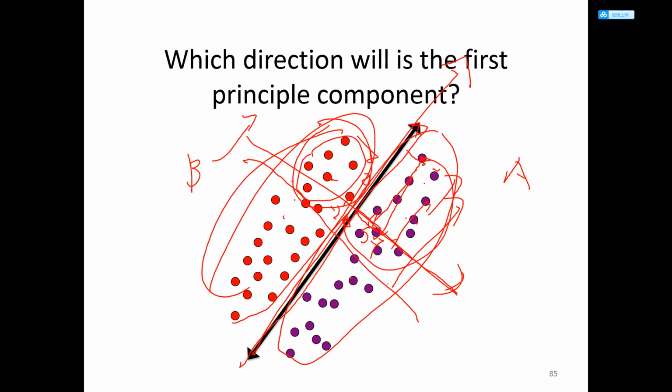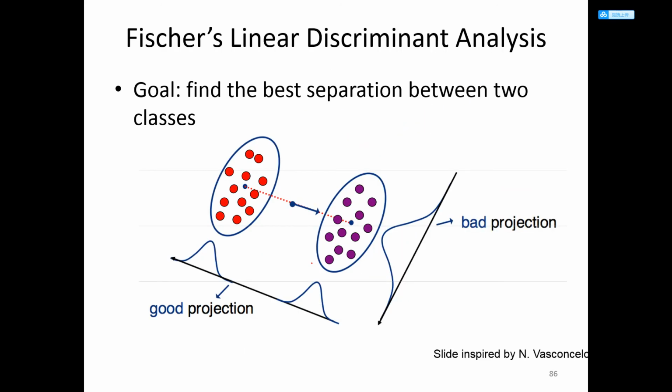And everything on this side will belong to B, but then all these will be misclassified now. So you see PCA doesn't necessarily optimize in terms of distinguishing different classes.